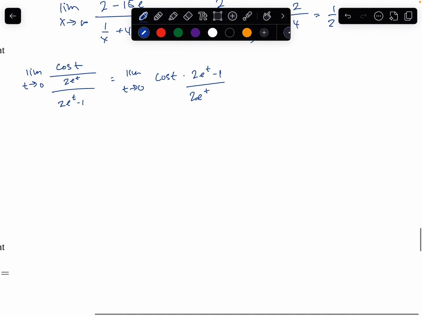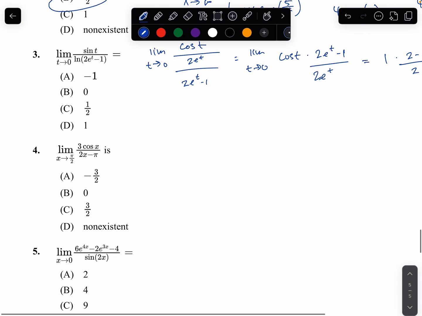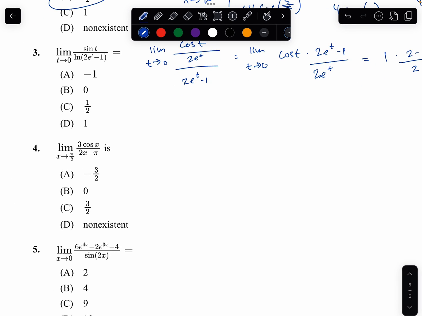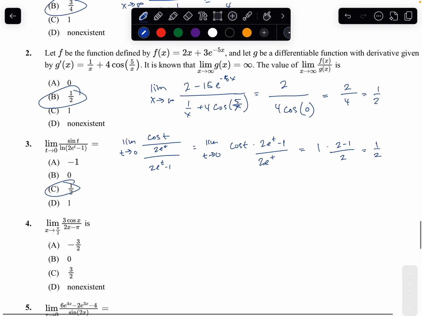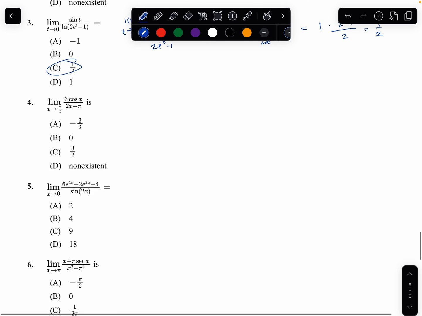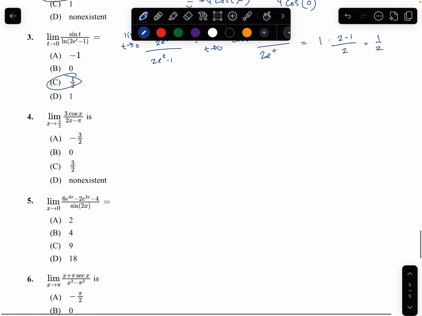If I plug in 0, I get cosine of 0, which is 1, times by 2 minus 1 over 2. So I'm going to get 1 over 2, I think. So I get 1/2. All right, cool. I think that's right.